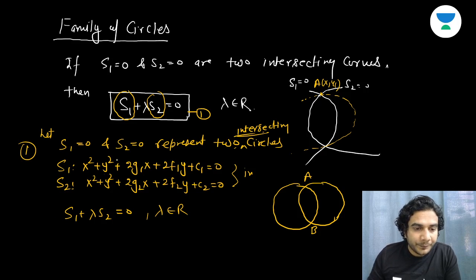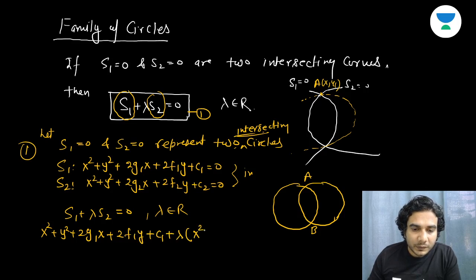Let me tell you. If you put the values of S1 and S2 and simplify, first let me write the complete expression: x square plus y square plus 2 g1x plus 2 f1y plus c1 plus lambda times of x square plus y square plus 2 g2x plus 2 f2y plus c2 is equal to 0.